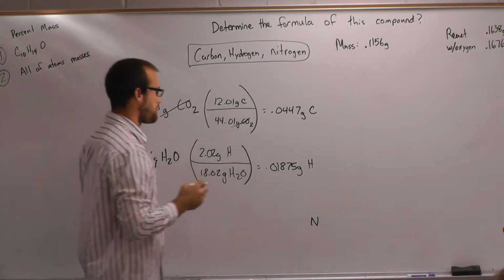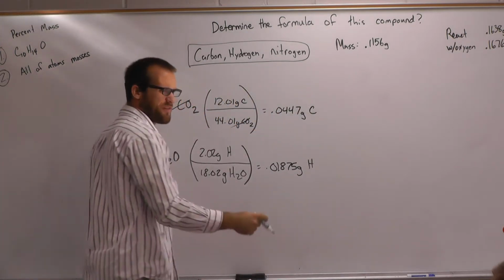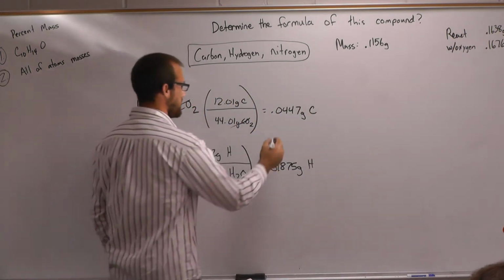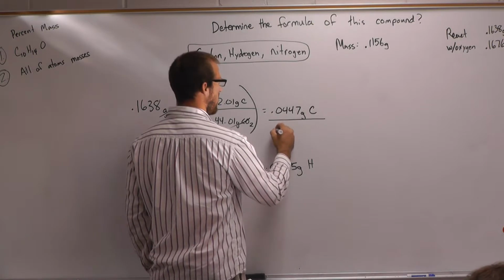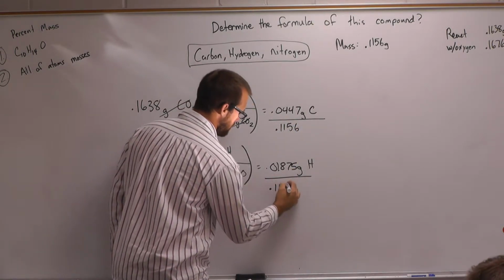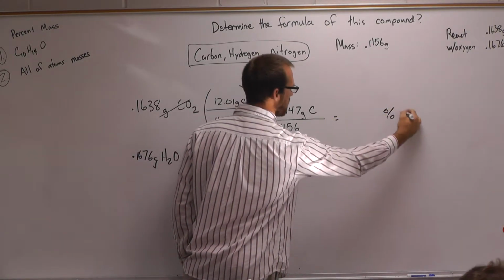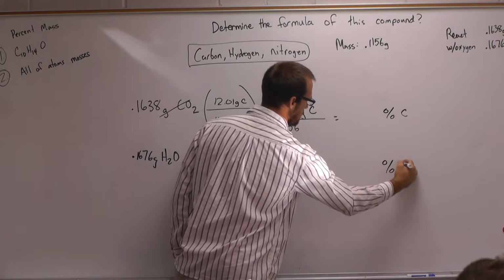Actually, let's just do this. Why don't we give percent first? Because we'll just subtract it from 100. Okay, so this divided by whole, this divided by whole should give us percent carbon and percent hydrogen.